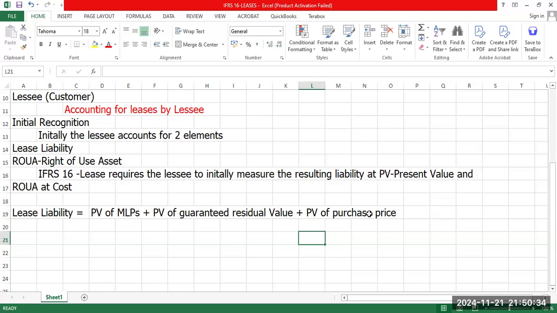Of course, for you to add it here, you must be sure that the customer is going to exercise and purchase what? The asset. So in which year? We will be asking ourselves in which year? Then you get the present value. Okay. So that's about lease liability.